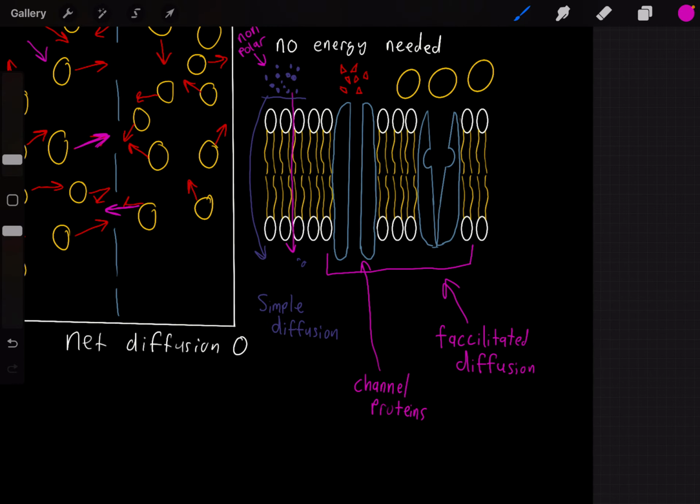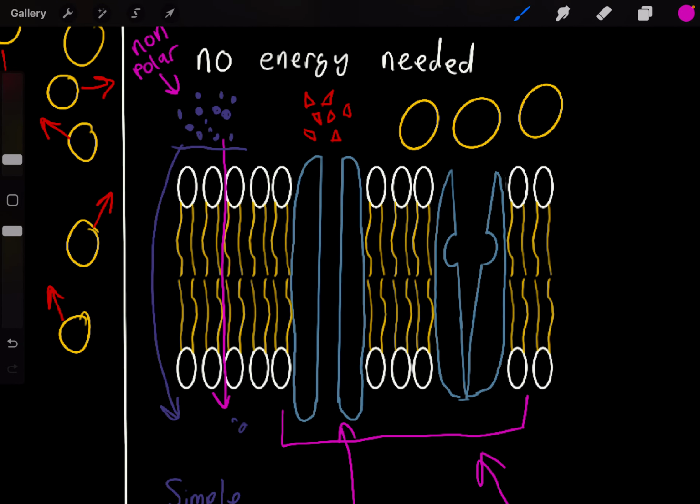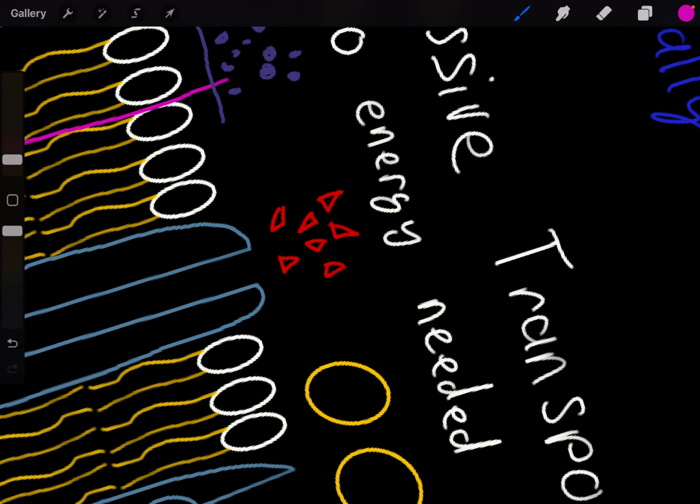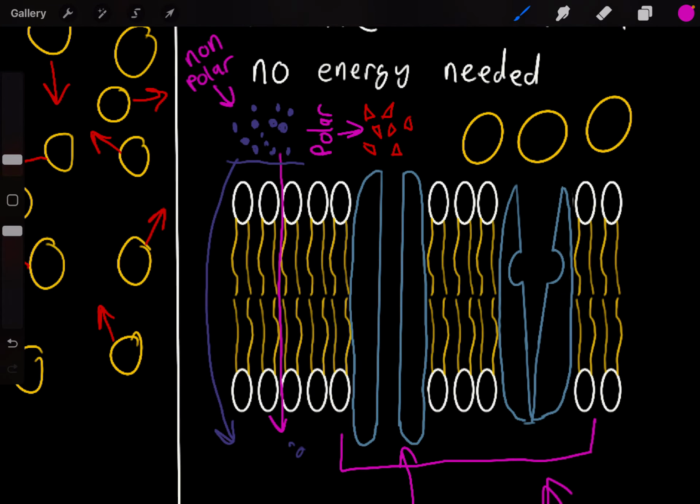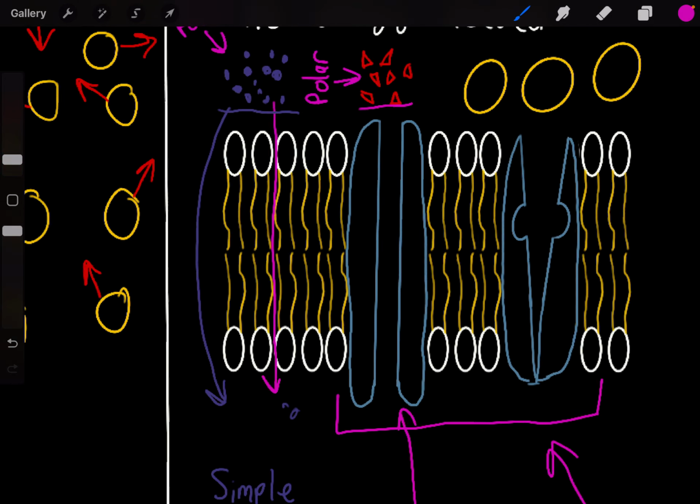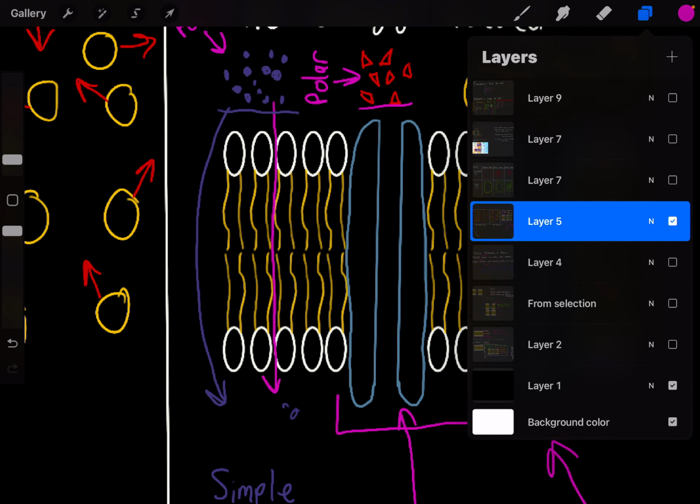What channel proteins do is allow polar molecules like these to seep right through without having to worry about the hydrophobic interactions.